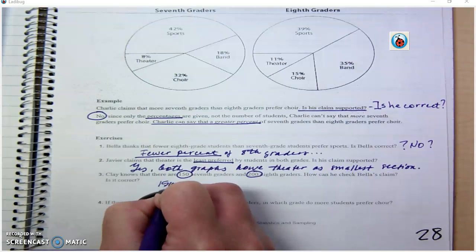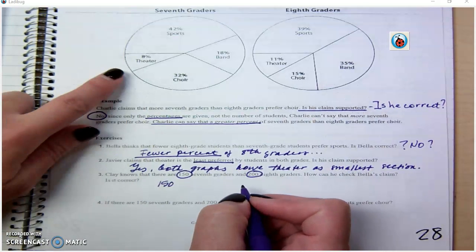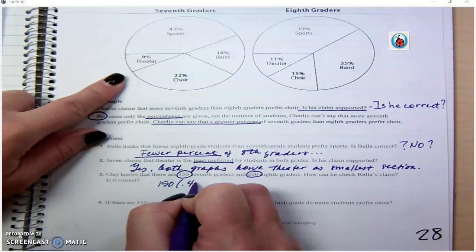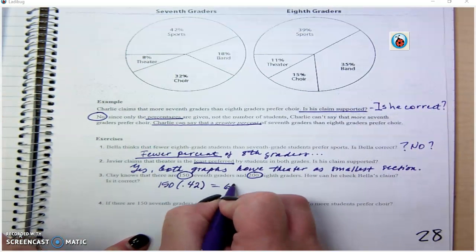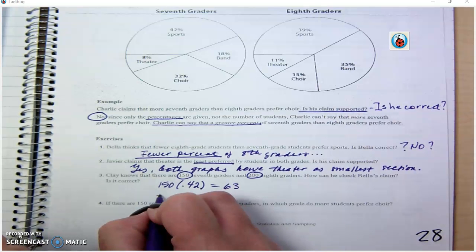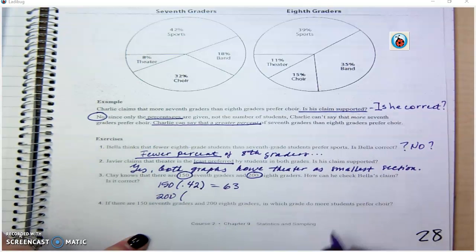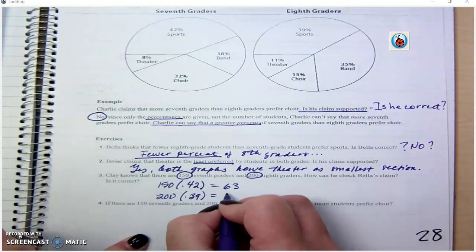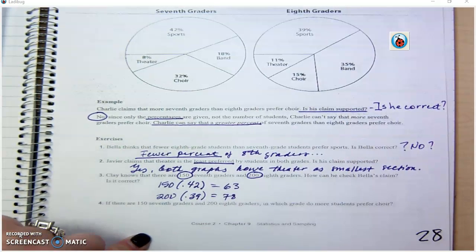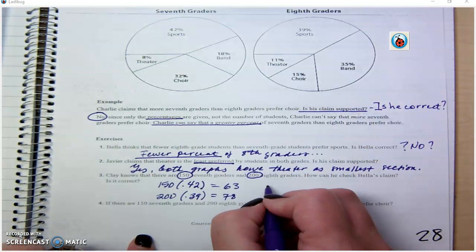So we have 157 7th graders, and 42% of them selected sports. That will make 63 kids. 8th graders, 200 of them, and we have 39% of them that selected sports. That would be 78. So yes, her claim is not correct.